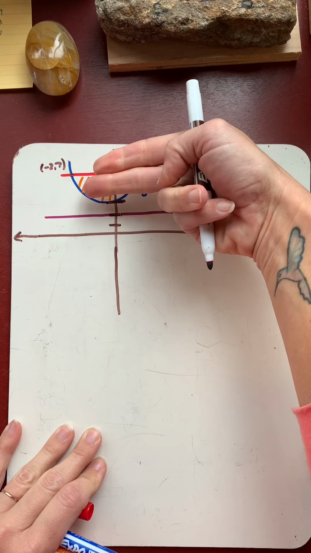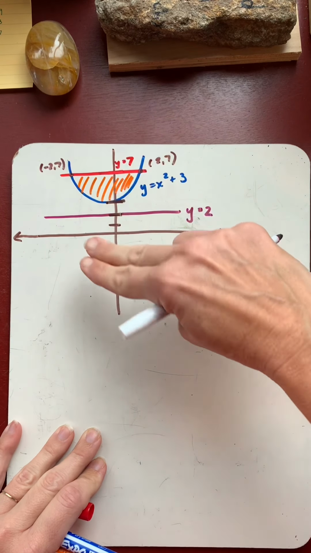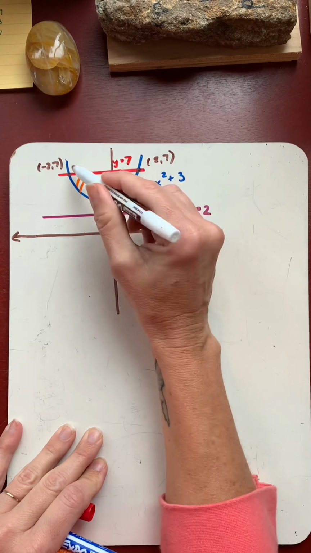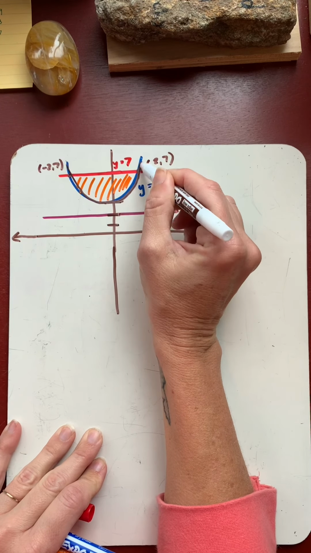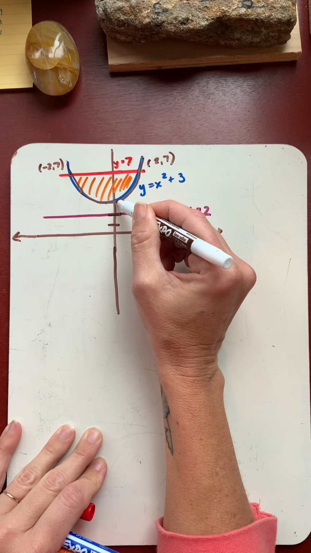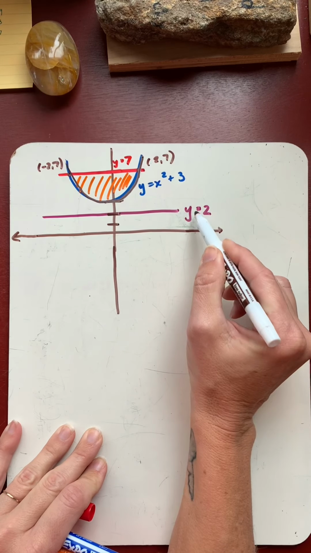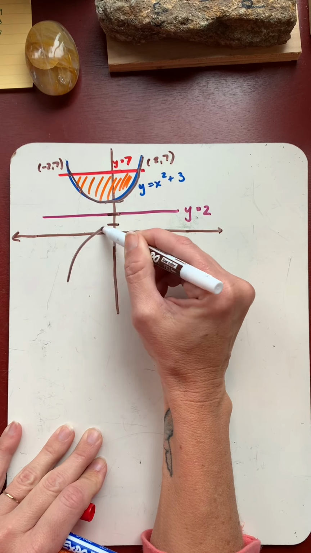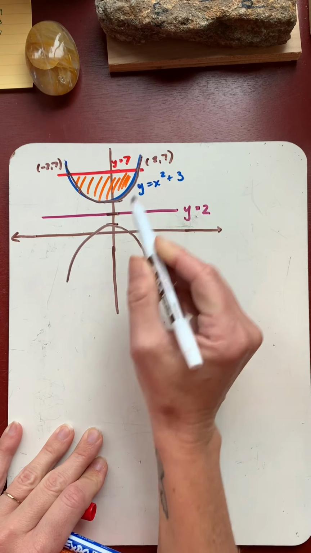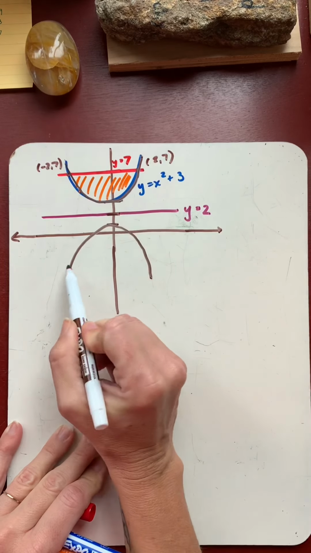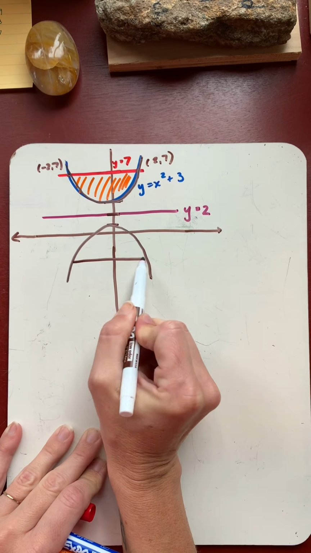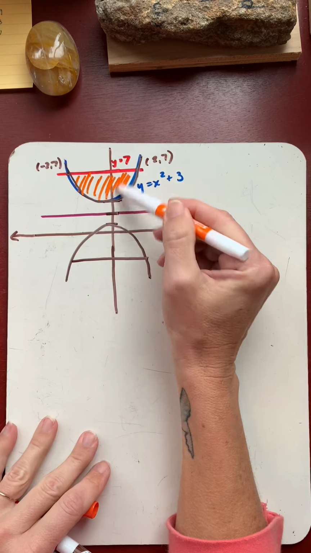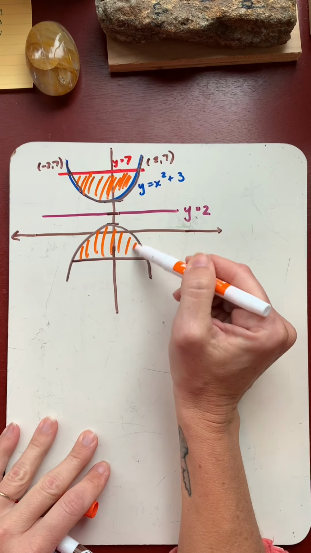If I want to draw this space in orange revolving around y equals 2, this parabola is currently 1 unit above this axis of rotation. So I'm going to go 1 unit below the axis of rotation and draw the mirror image. So I have this, and then instead of y equals 7, I have some line down here. So what I'm looking at is this orange space got revolved around the line y equals 2.